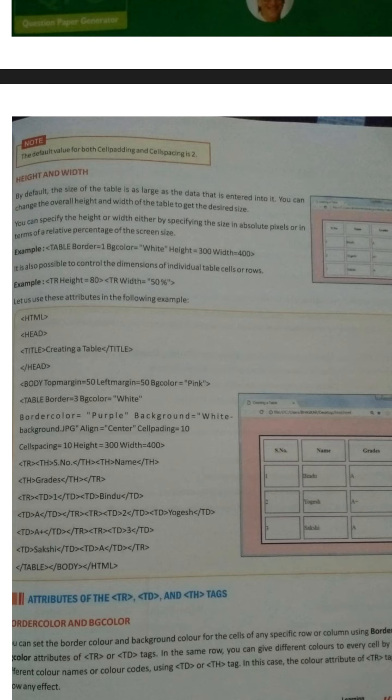By default, when the table is created, it is created according to the data, means how much data we are writing in the table, that table will be created accordingly. But if we want to change the size of the table manually, then we can change it also by using its attributes, height and width.